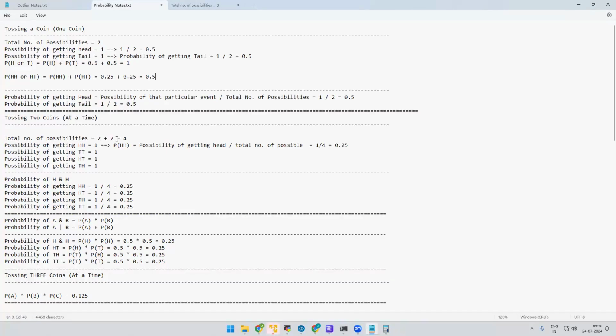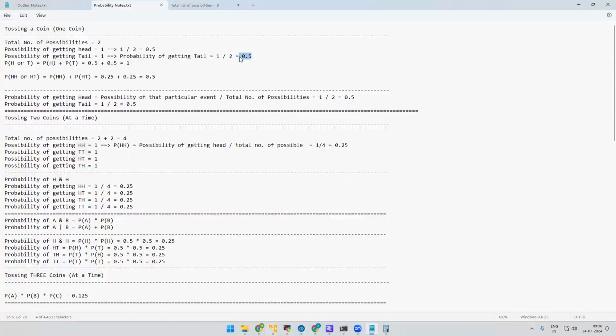There is a 50% chance that if I toss 2 coins, I may get either HH or HT. What are the other possibilities? TH and TT. So the total probability is 1 if we consider all the scenarios. If we add up all the probabilities, it is going to be 1. If a single one is only 0.25, if you take the 2 outcomes, it will be 0.5.